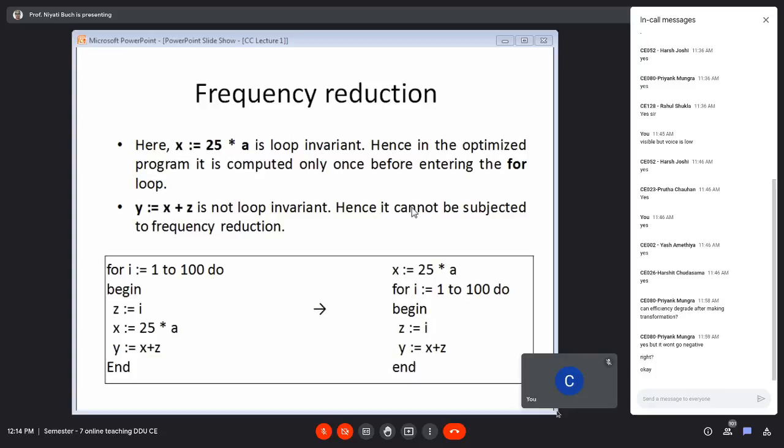So the assignment of 25 into A to X, if it is moved outside the loop, as you can see on the right hand side, will get executed only once. In the previous case, that line would have been executed 100 times. Instead, that line now gets executed only once because we are moving it outside the for loop. That is called frequency reduction.